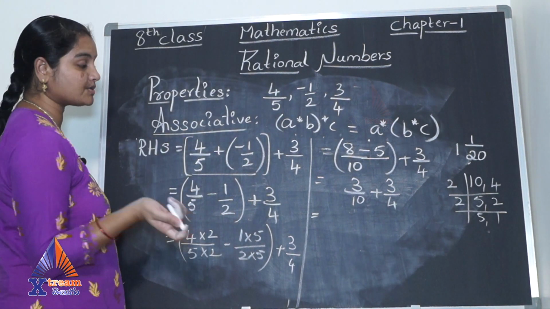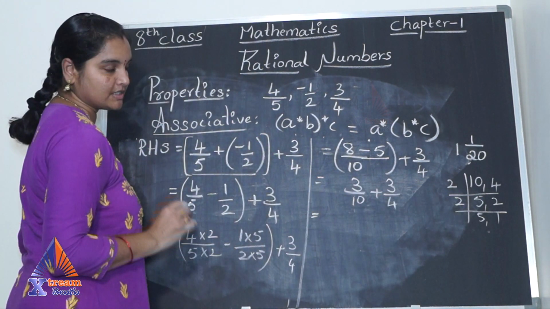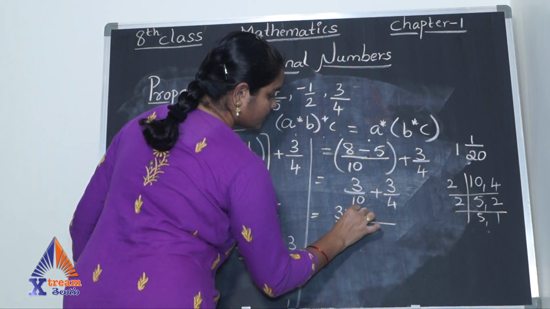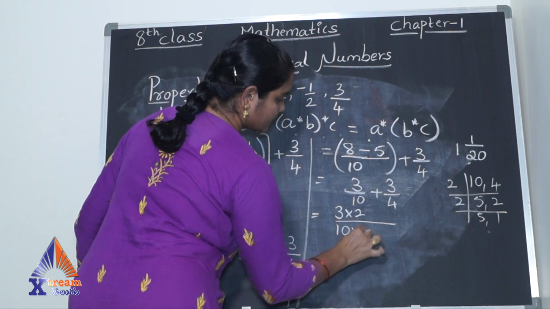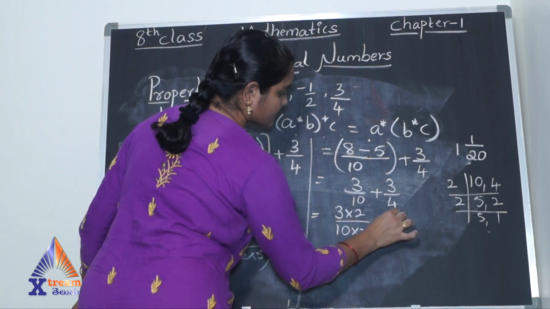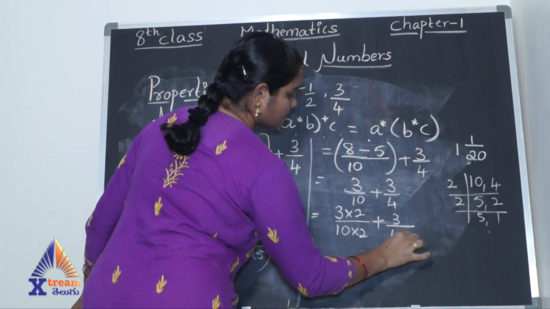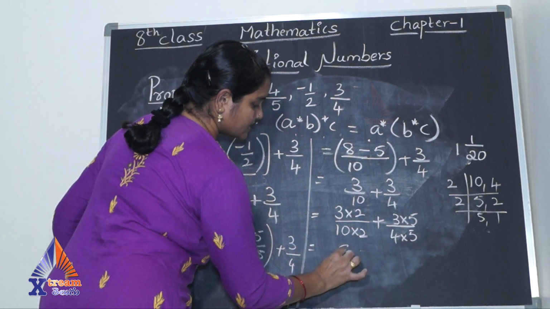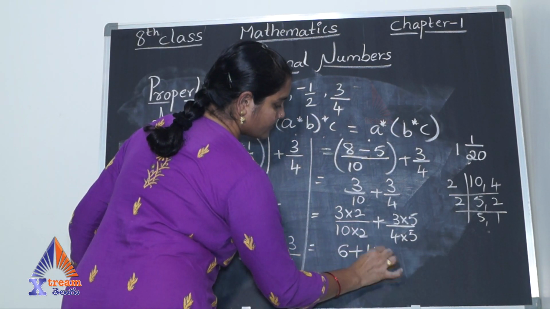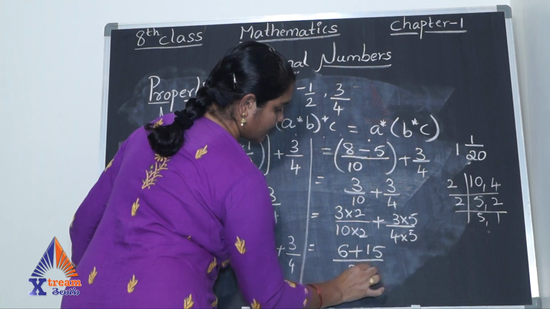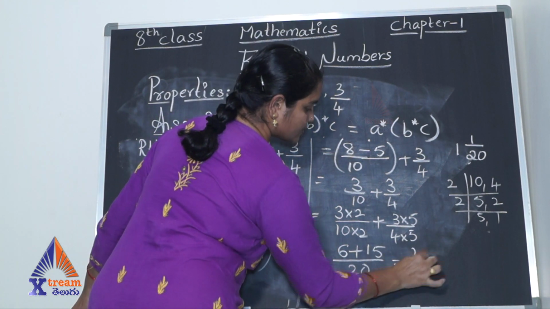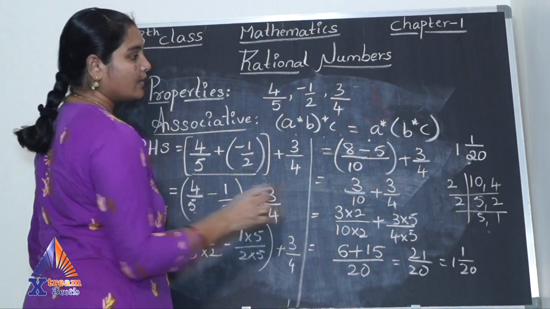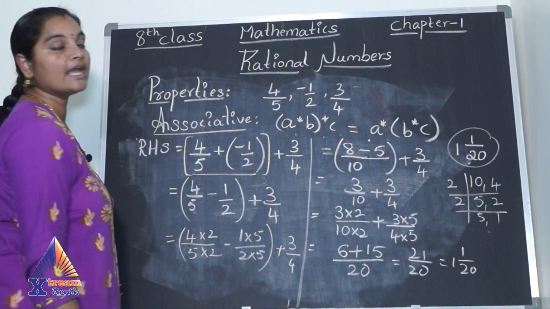My LCM assumption was wrong, so the actual LCM is 20. 3 into 2 by 10 into 2 plus 3 into 5 by 4 into 5. 6 plus 15 by 20, which is 21 by 20, which we also got while solving the LHS.